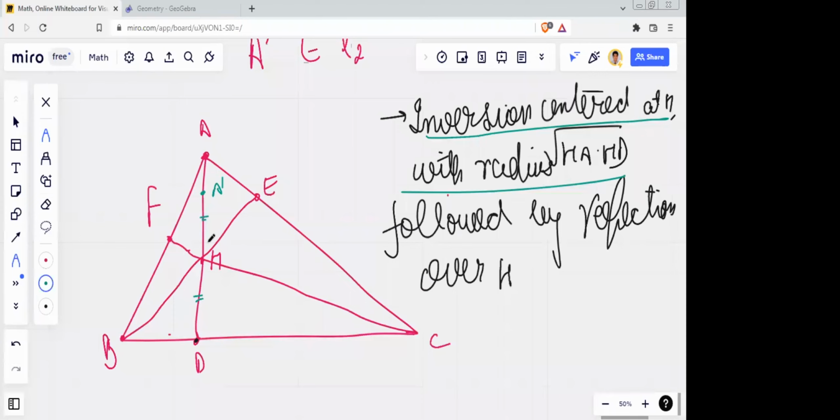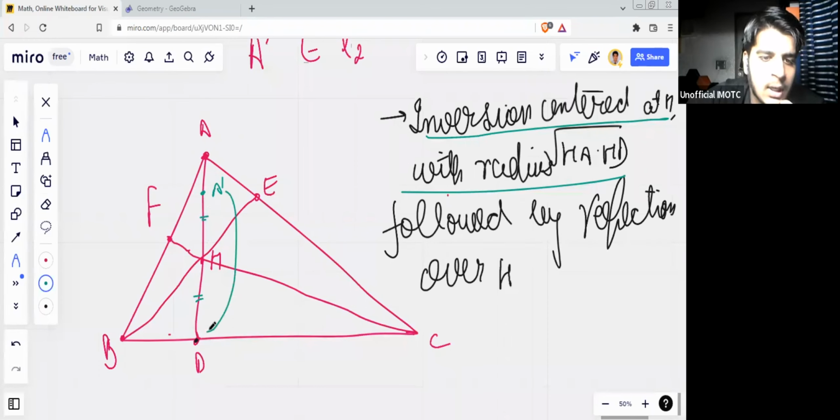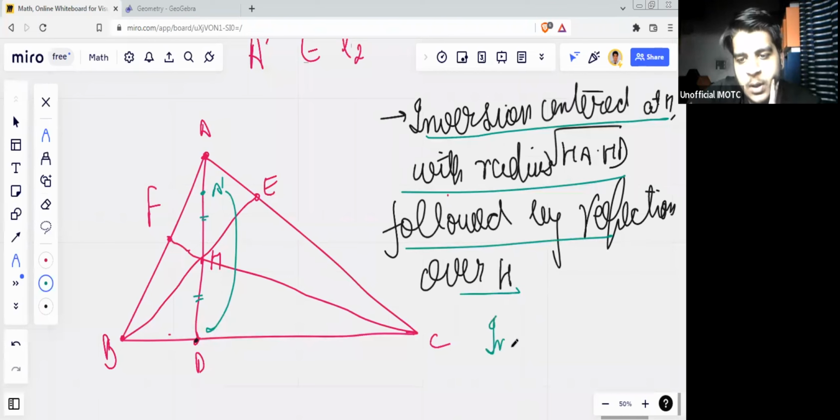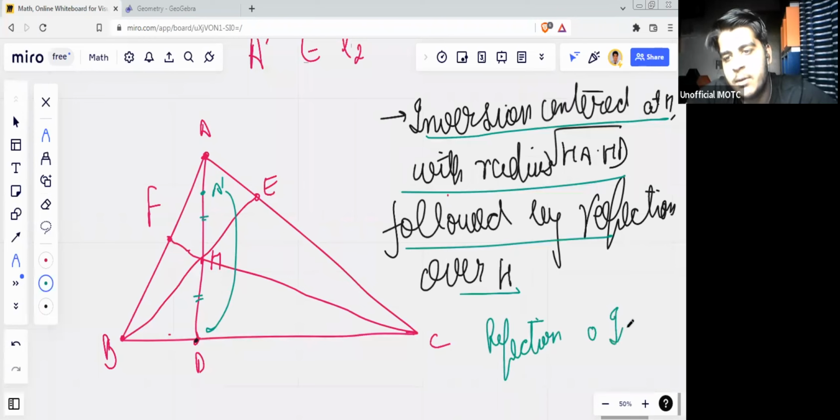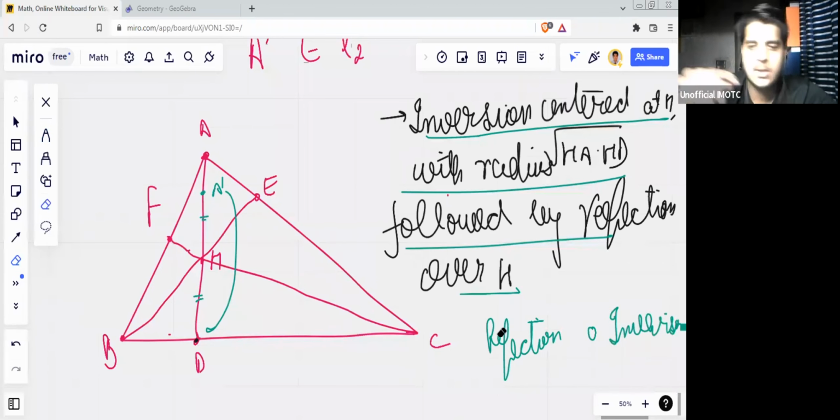D would be the reflection along H. Yes, now we reflect it over H, so A dash goes to D. So after doing both these things, the image of A is D. So basically this is a composition of two functions: reflection composed over inversion. I'll just call the point the inverse only. It means the point after you do both these functions.